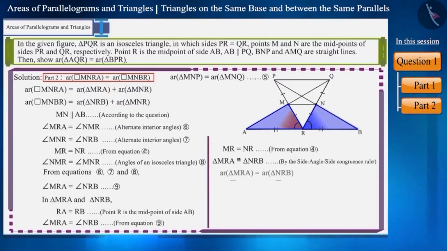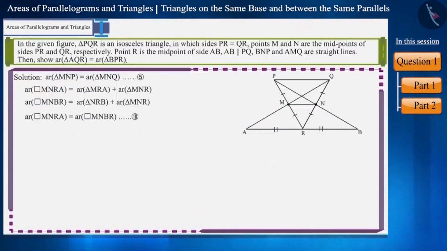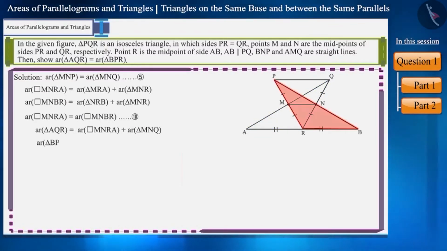And the area of congruent triangles is equal. Friends, in these two quadrilaterals, the area of these two triangles is equal, and these are common triangles. Therefore, we can say that the areas of these two quadrilaterals are equal. Friends, we can write the area of triangle AQR like this, and we can write the area of triangle BPR like this.